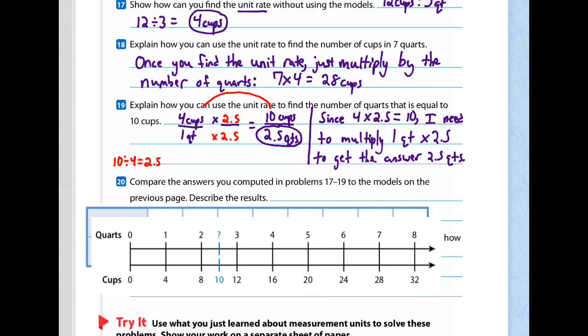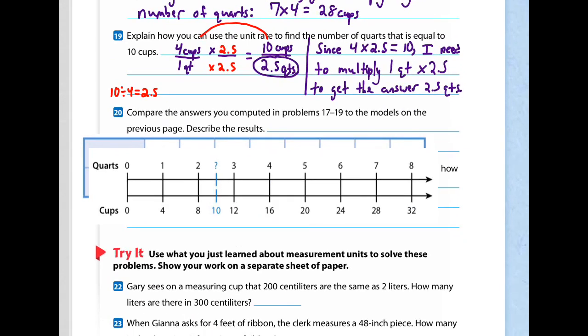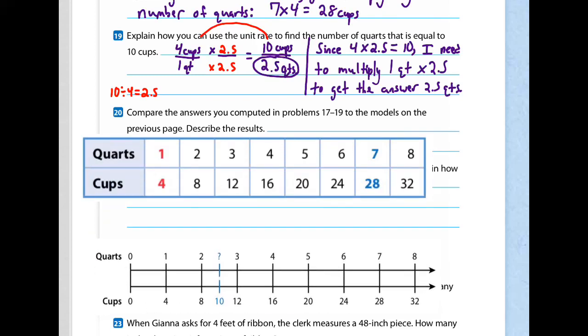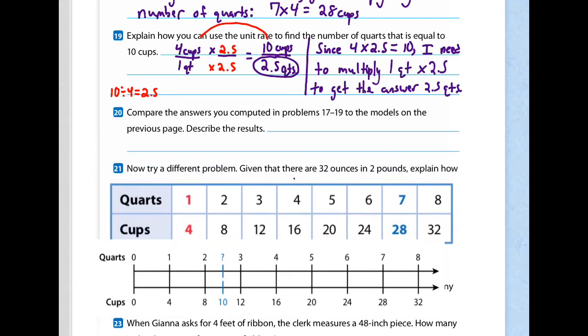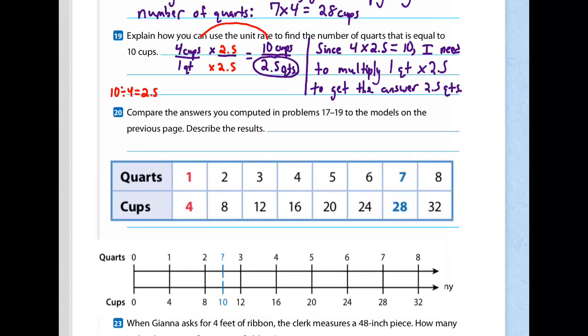Now, number 20 says, compare the answers you computed in number 17 through 19 to the models on the previous page. Describe the result. So let me move these models down a little bit, so you can see both of them.